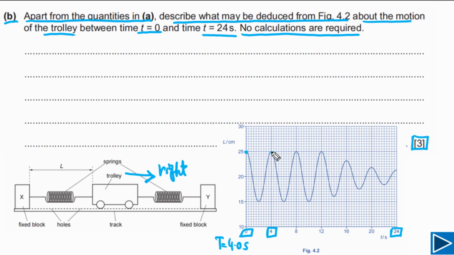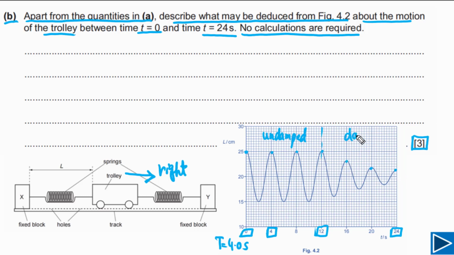Now, if you look at the amplitude of oscillations, we can simply see that until t is equal to 12 seconds, the amplitude of oscillations is constant. So this motion is undamped. We can say initially the motion is undamped until here, but after that the amplitude is decreasing.